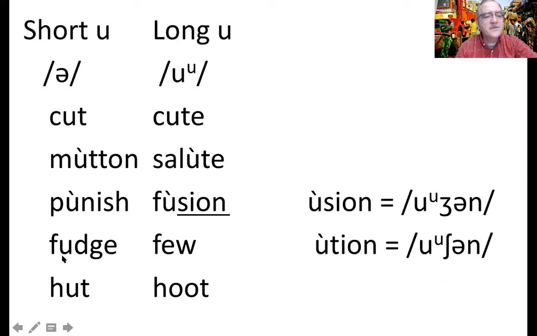It's fudge. That's a chocolate. Fudge is a chocolate candy. Few, hut, hoot. Okay, that's the O and the U sound.